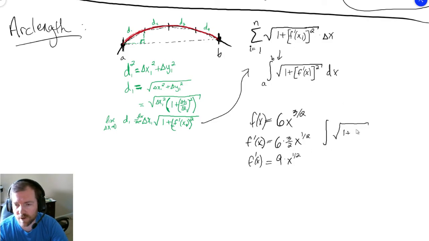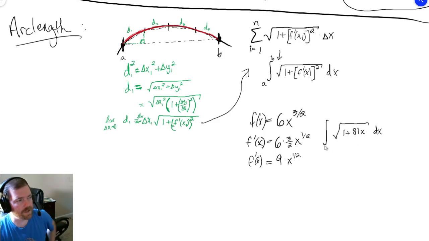So this thing squared is going to be 81x, dx. We're going to find this arc length from, oh, I don't know, x to the 3/2 power, let's go from 1 to 4.